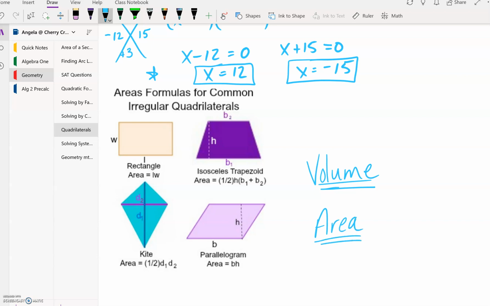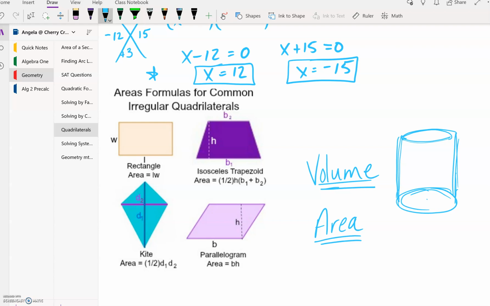Okay, so if the base of your picture is a circle and the volume of what you're finding is a cylinder, then knowing how to calculate the area of a circle becomes an important part of calculating the volume of a cylinder. The same thing is going to be true if the base of anything we talk about is one of these other shapes.